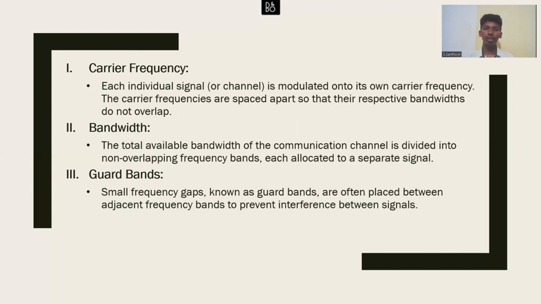And then guard bands. There are small frequency gaps known as guard bands that are often placed between adjacent frequency bands to prevent interference between signals, like I said before, so that we don't have the messages overlapping with each other and creating noise at the receiver end. We use these guard bands.